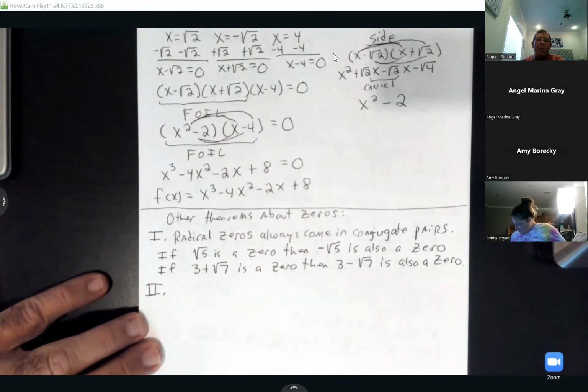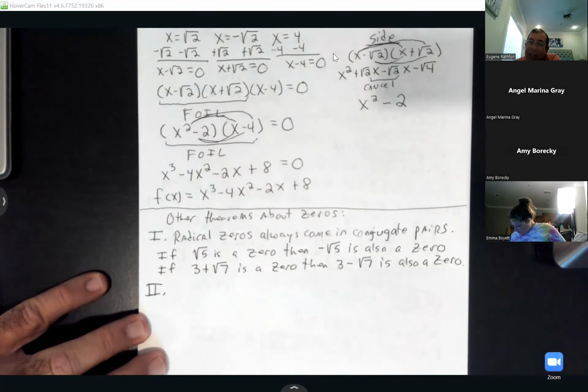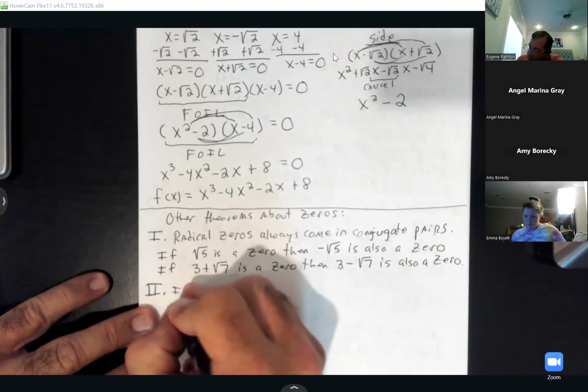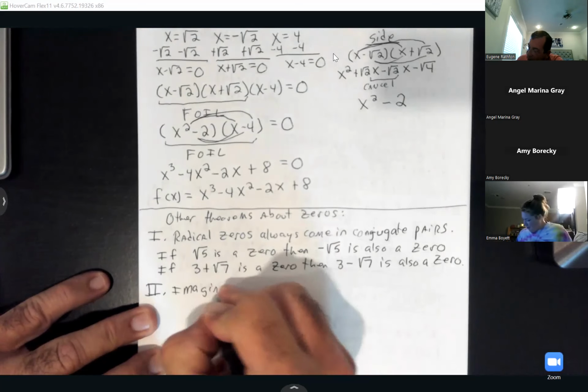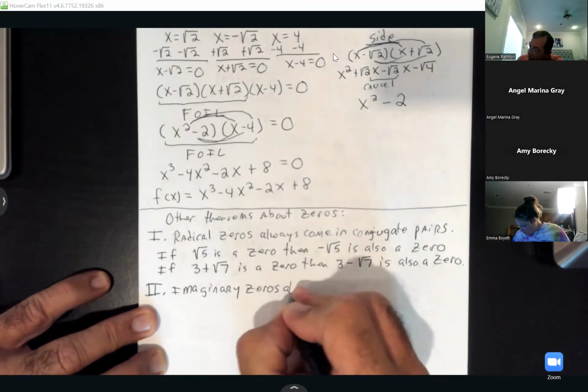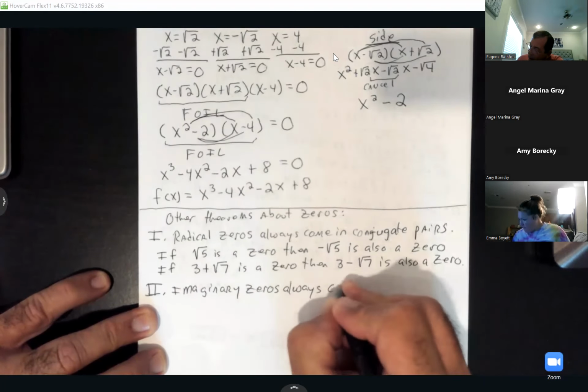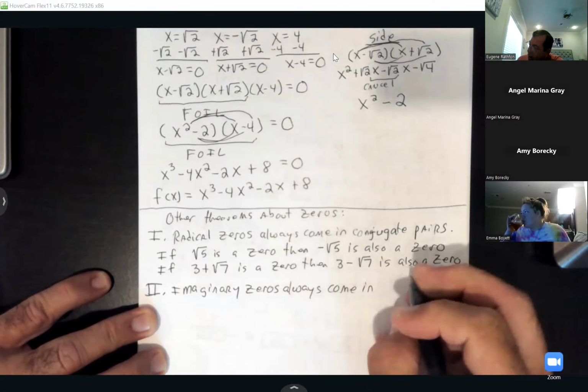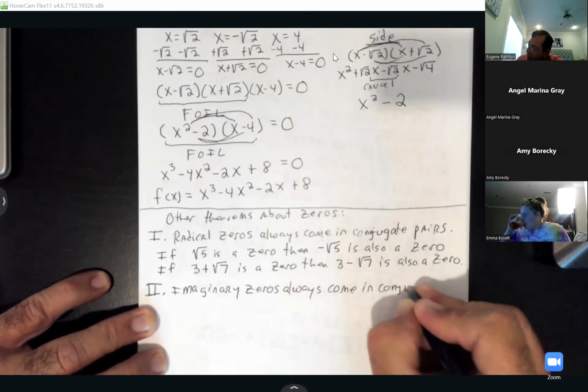All right, also, imaginary zeros always come in conjugate pairs.